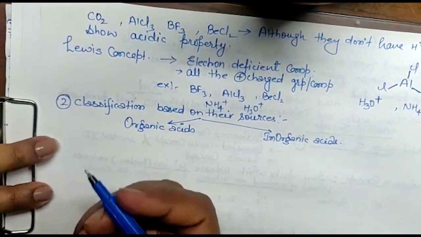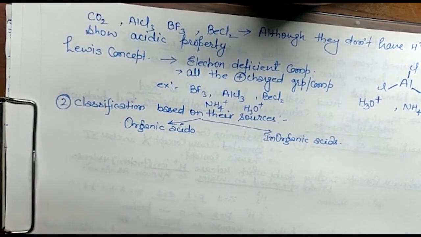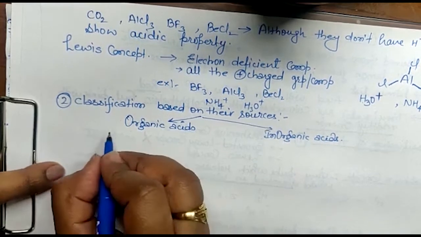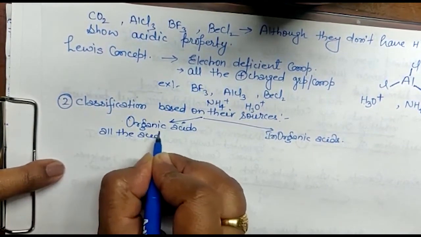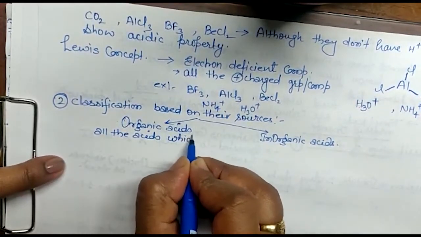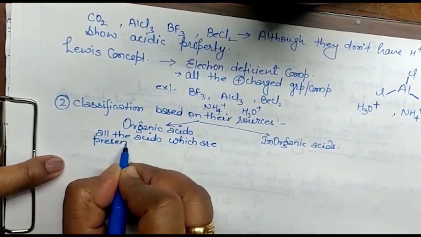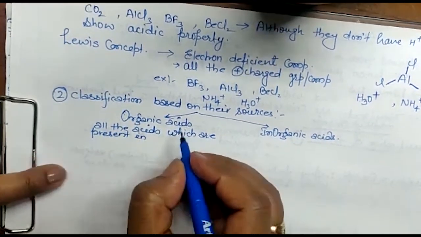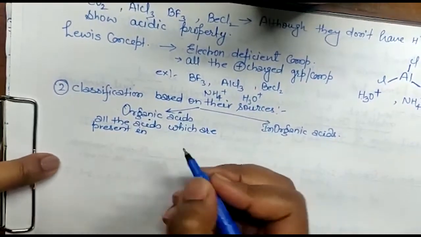Organic acids are such acids which are present in animals and plants, all the acids present in living beings like plants and animals.